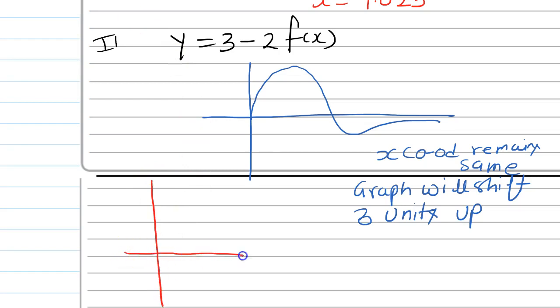If it is shifting 3 units up, now the graph will go like this, and if there is a line here, it will be like this. Now because of this minus sign, we need to take the reflection as well. So once we take the reflection, it will look like, let me draw it for you.